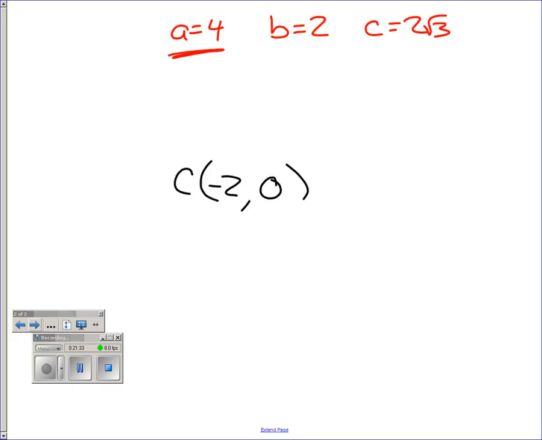Okay. Well, you know how in the first one, it gave us the equation, x plus 2 squared over 1 plus y minus 1 squared over 4 equals 1, and then we just set them equal to 0.